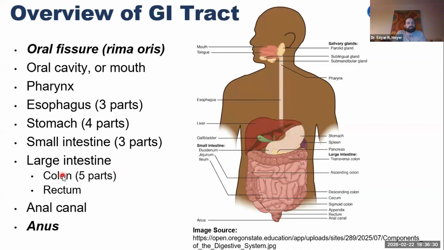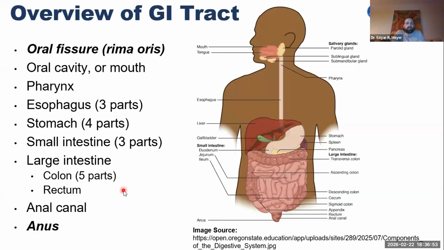So the 5 parts of the colon and the rectum would both collectively comprise our large intestine, but the rectum is actually slightly distinct from our colon, and we might touch on that histology a little later in this session.